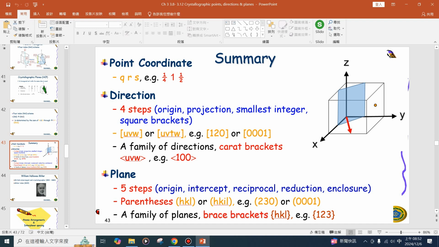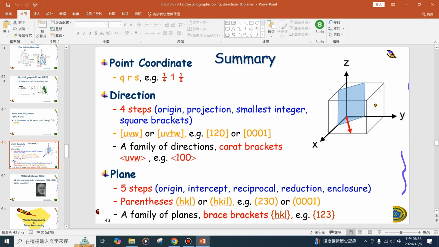The point in the 4 axis unit cell can be translated, and you have equations to transfer these numbers to become these numbers.